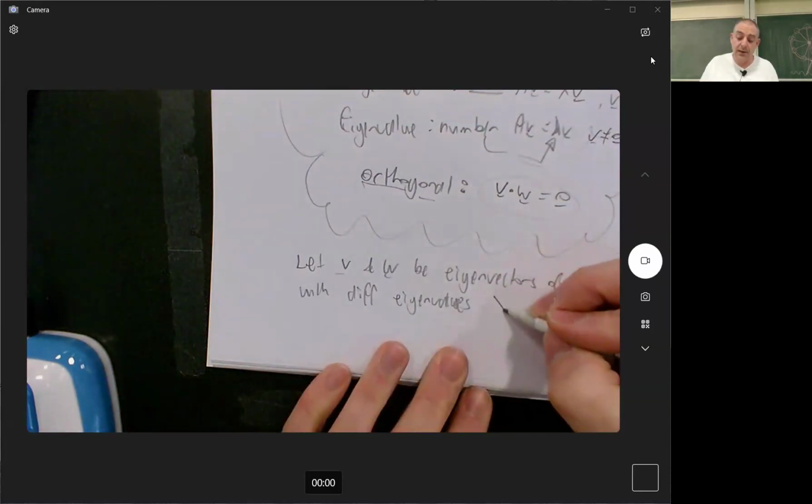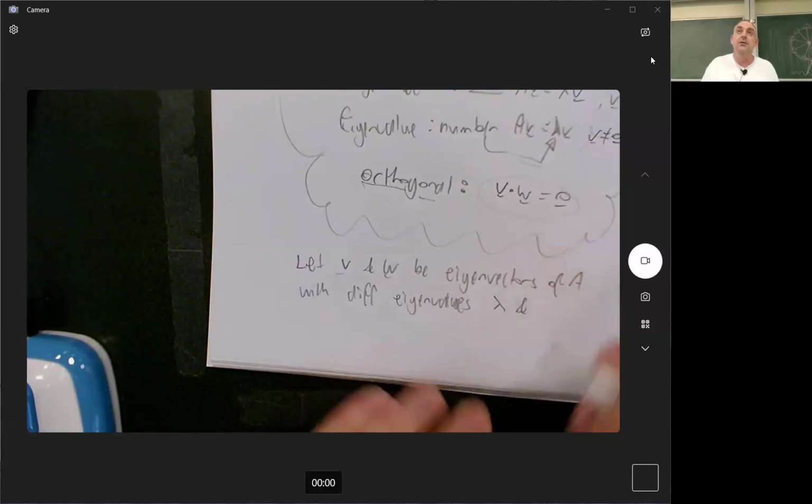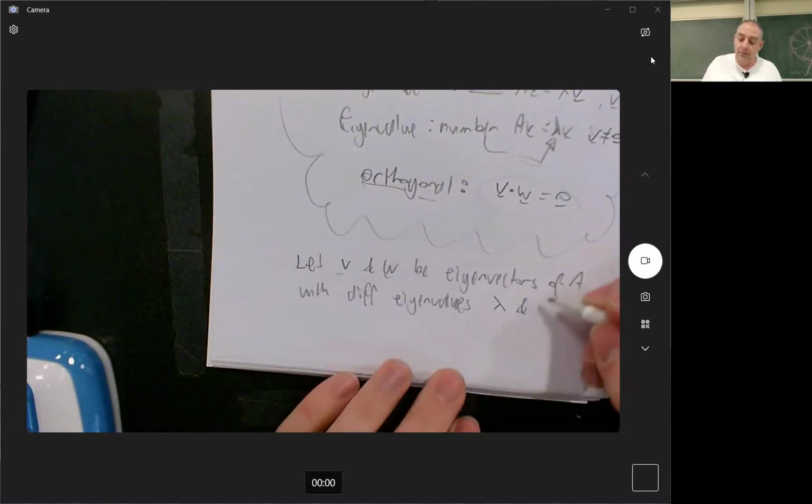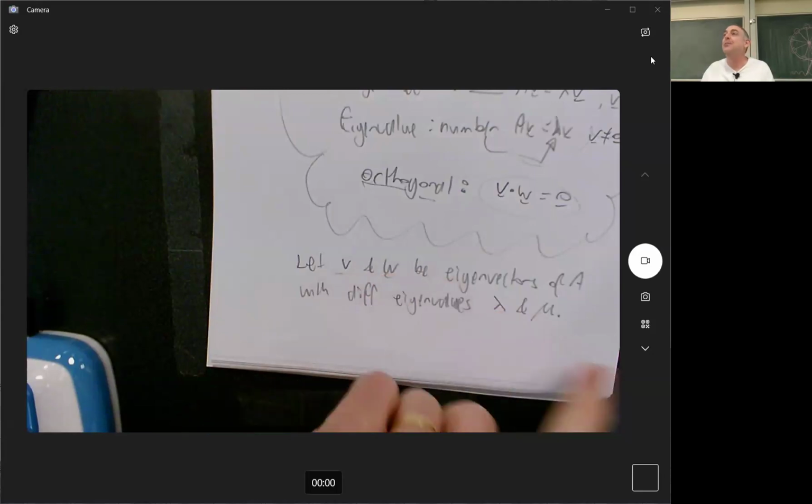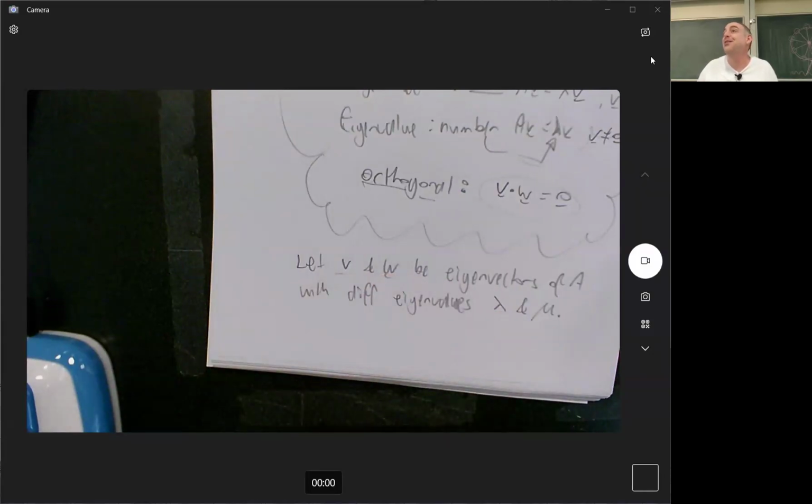And we should give those eigenvalues letters as well, and we know they're different. So I could call the first one lambda, and I'm going to call the other one mu. But if you want to call them V1 and V2 and lambda 1 and lambda 2, if that made more sense to you, you could. But I'm a big fan of using more letters. Mu is the Greek letter after lambda because it's LM.